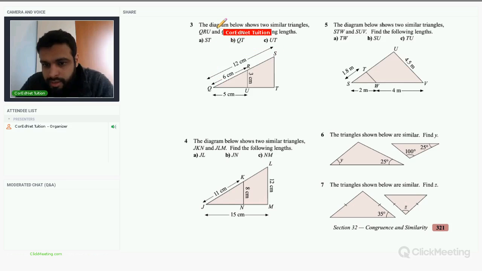We've got this. The diagram below shows 2 similar triangles. Okay, there we go. Find the following lengths. So we're going to find ST. Where is ST? That length there. Okay, pretty straightforward.